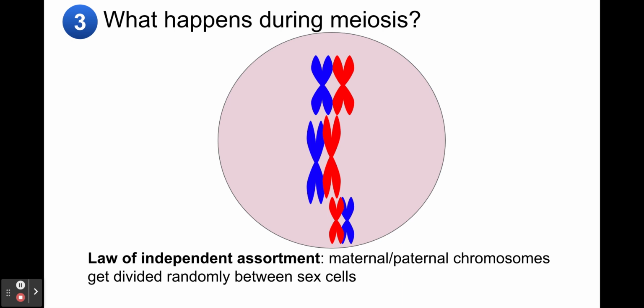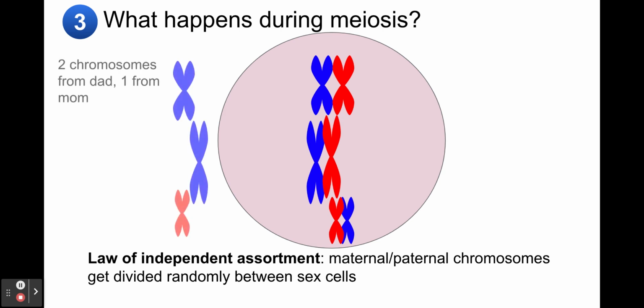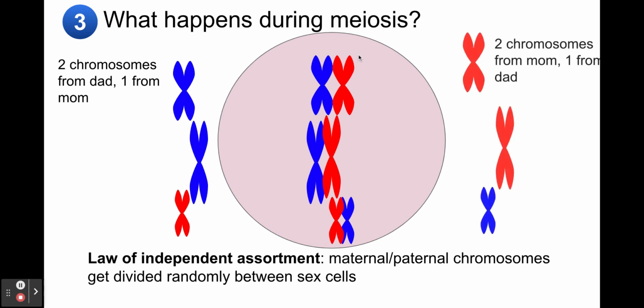Here's our starting parent cell. The alignment of the homologous chromosomes down the center of the cell will determine which chromosomes end up in our final cells. For example, if I take these homologous chromosomes and I divide them apart, I'm going to end up with 2 sex cells formed from this combo on the left, 2 chromosomes from dad, 1 chromosome from mom, and another 2 daughter cells that will end up with this combo, 2 chromosomes from mom and 1 from dad.